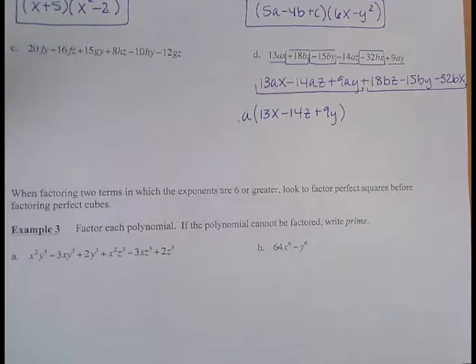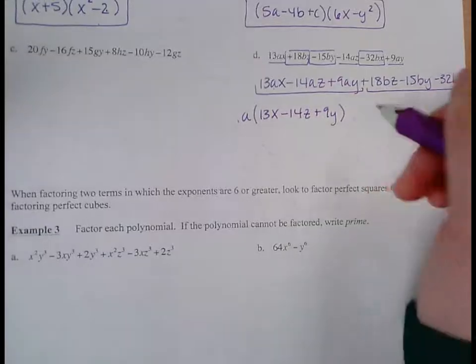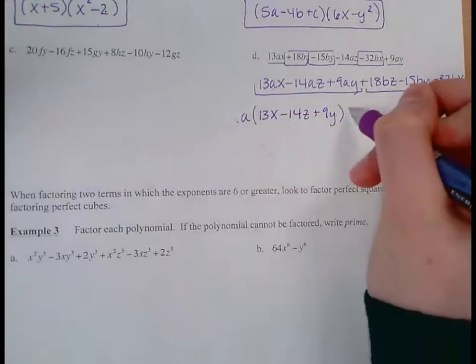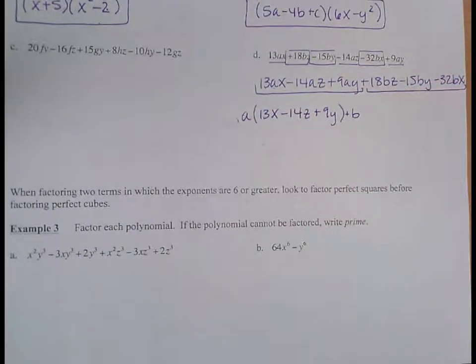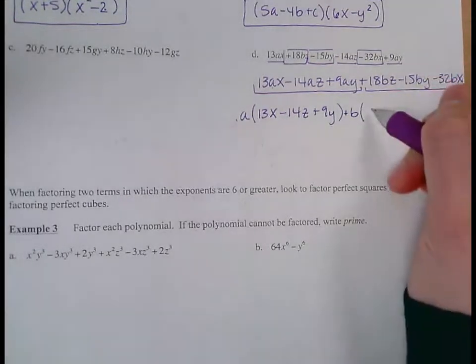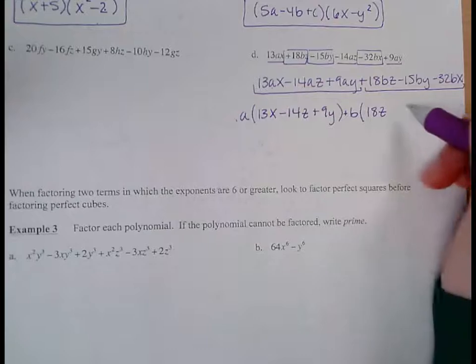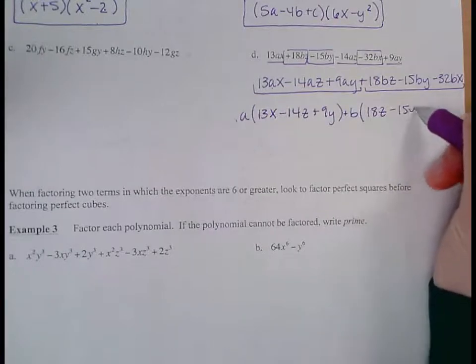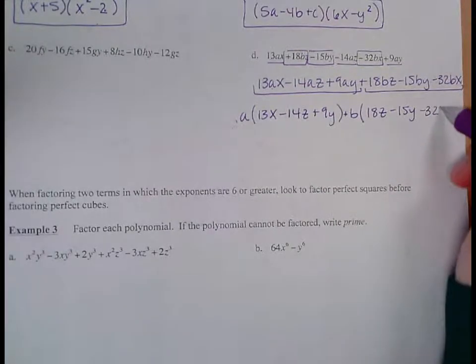Do they have anything else? So it looks like 3 because 18 and 15, but 3 does not go into 32. So it looks like there's just a B, and I'm just going to try taking out a positive B. If I need to change it to a negative, I can. When I factor out a B, I have 18z minus 15y minus 32x.